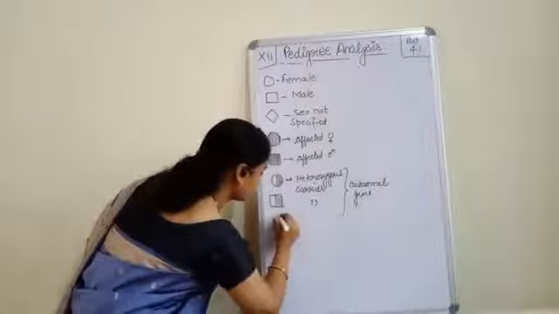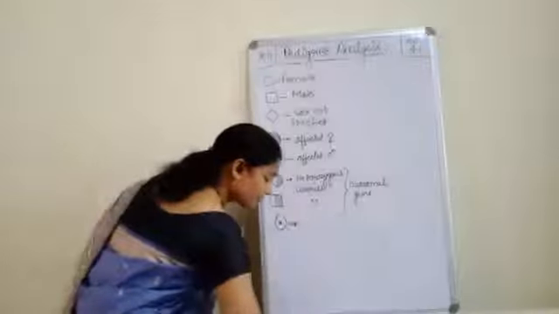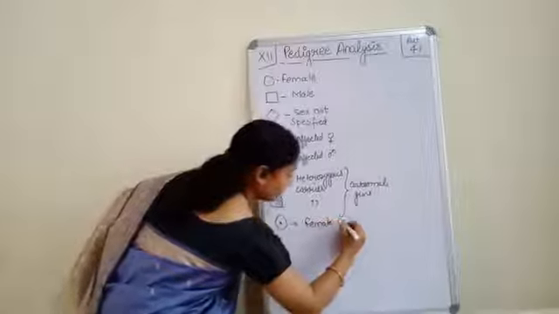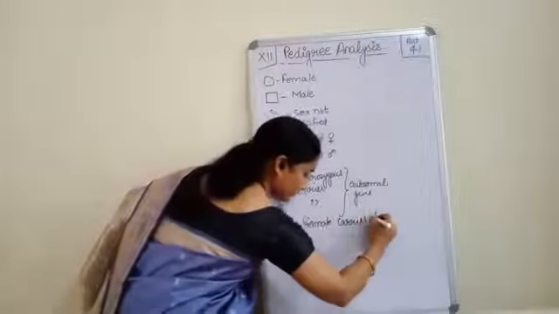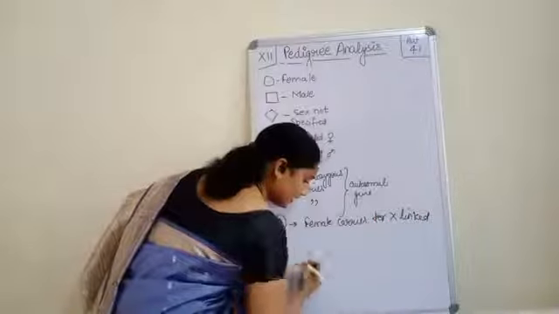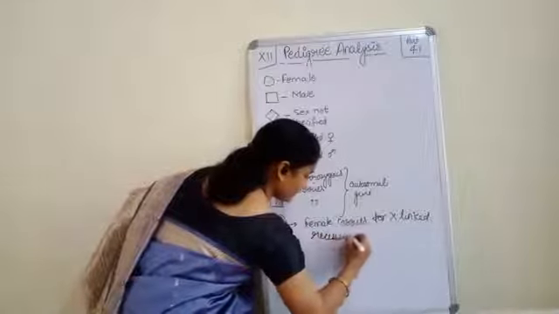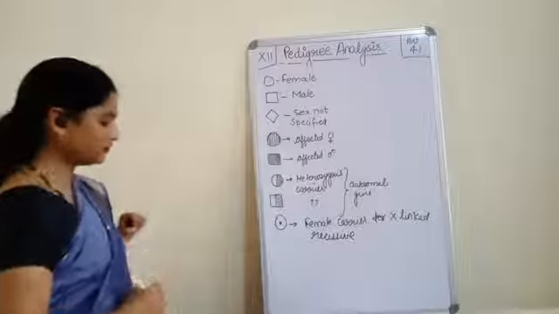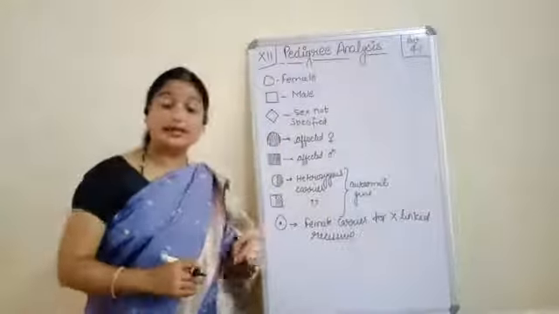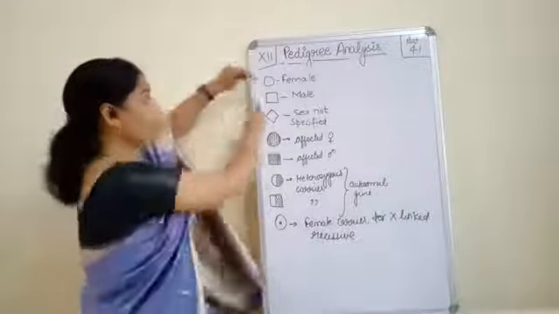If a circle is there with one dot, this shows a female carrier for X-linked recessive. Understood? So whenever we write pedigree analysis, we use some symbols and the meanings of the symbols are here.